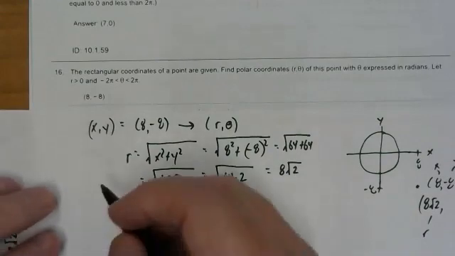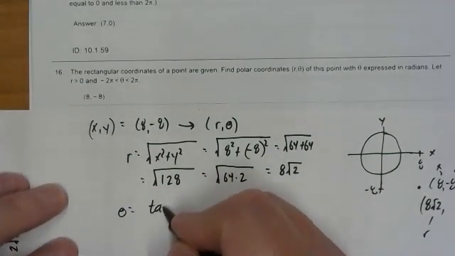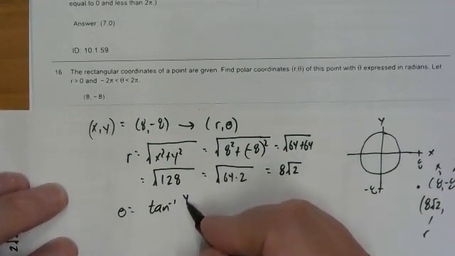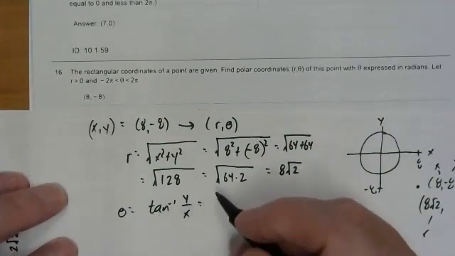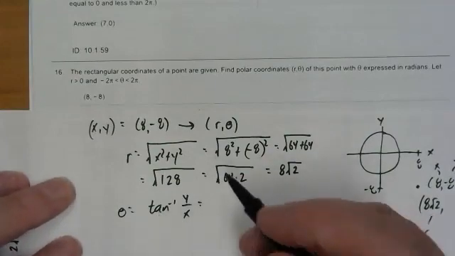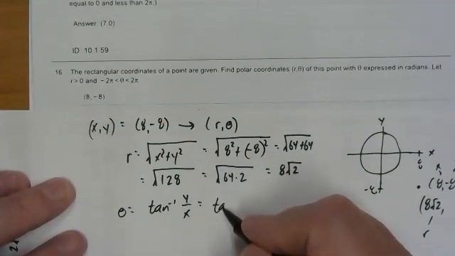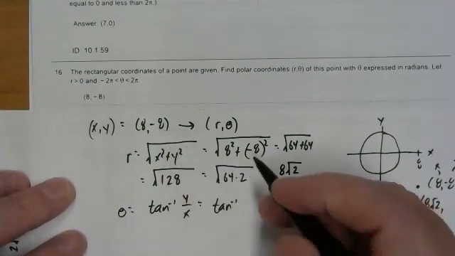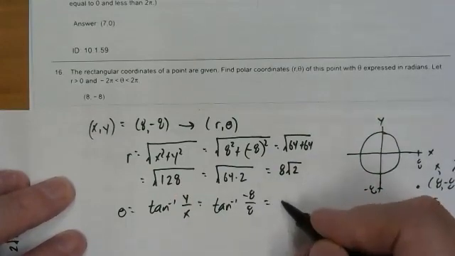So what's the equation for theta? It's the inverse tangent of y over x. And I'm warning you now, inverse tangents, you have to really keep an eye on because they can trick you at first. So y is -8 over 8.